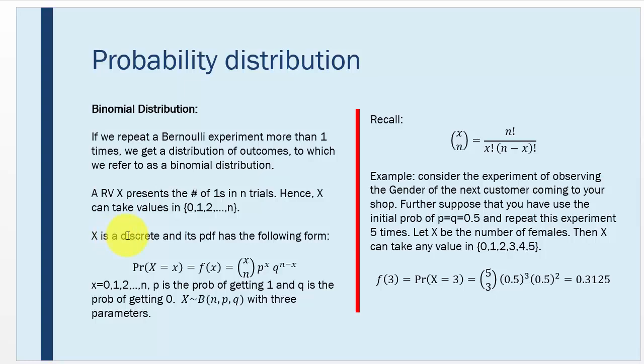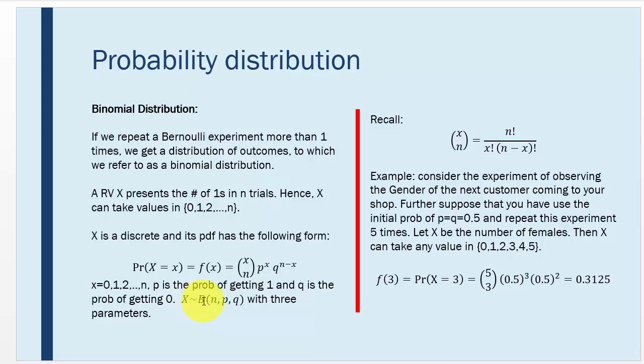Then x obviously has a discrete distribution with the following probability mass function. Probability of x is equal to f of x, which is the combination (n choose x) times p to the power x, times q to the power of n minus x, where x is obviously the number of successes, 0, 1 up to n, p is the probability of getting 1 or success, and q, which is 1 minus p, is the probability of failure or getting 0.